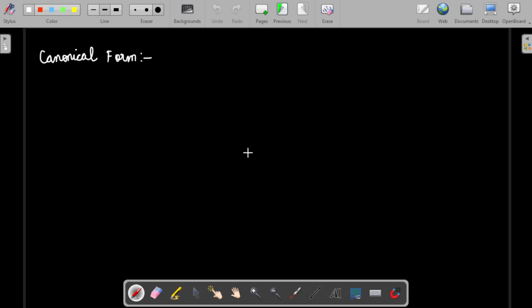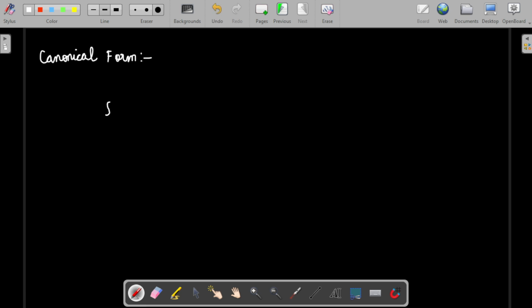So let's see what a canonical term is. In canonical form, each term must contain all the variables in either normal or complementary form. So canonical SOP or POS needs to contain all the variables present in that system.